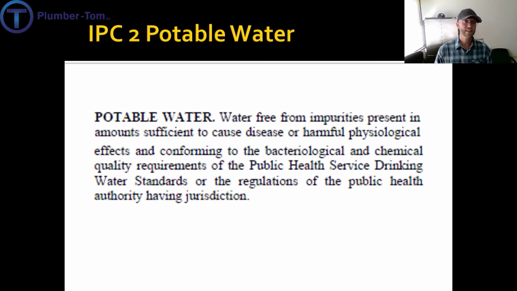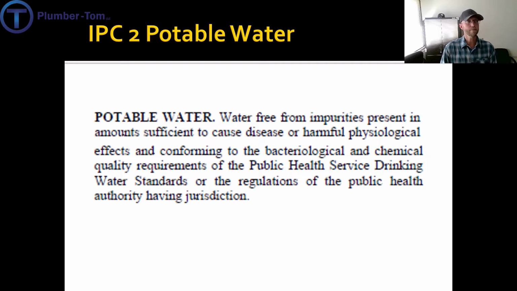But before we get into that, we need to review some of our terms from Chapter 2. These are important words for us to understand when we're discussing backflow, including the words potable water. What is potable water? Well, it's water that's free from impurities present in amounts sufficient to cause disease or harmful physiological effects, and conforming to the bacteriological and chemical quality requirements of public health and safety in your jurisdiction.